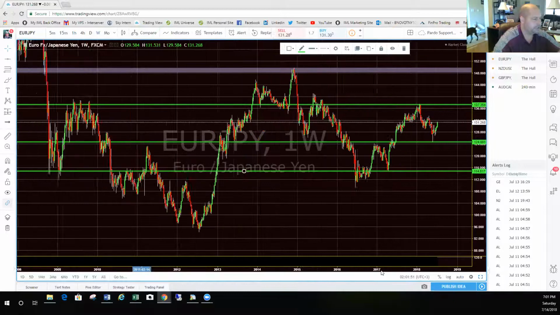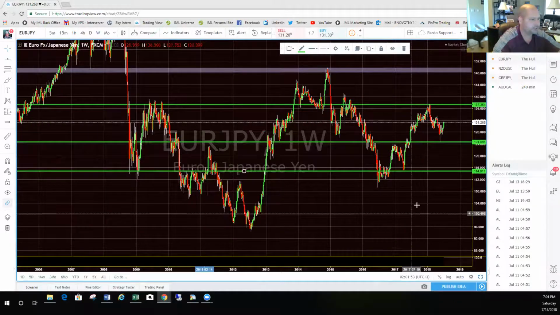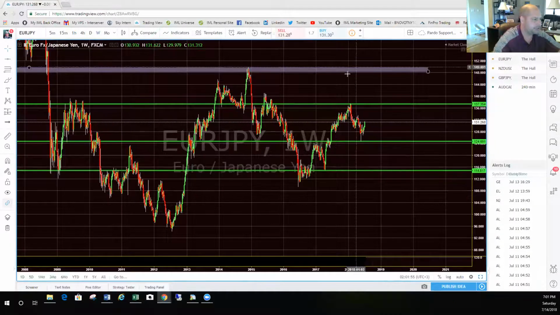So here's another thing real quick too. If you're trying to see the distance between them, you can just grab this tool right over here. It just looks like a little ruler.